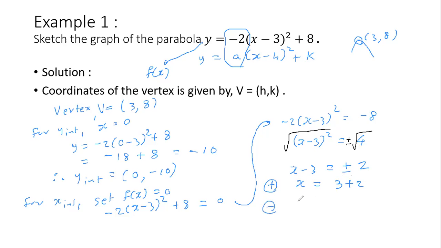With minus we get x equals 3 minus 2, which is 1. Therefore, the x-intercepts, substituting y equal to 0, are 1 comma 0 and 5 comma 0.